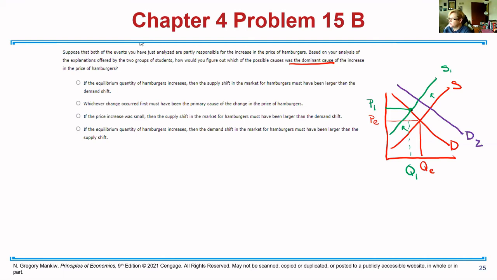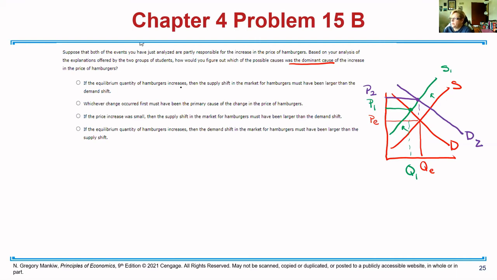Now we're going to use the green line, and we have the price, P sub 2, and the quantity might be back here at the equilibrium quantity. If I had shifted farther out, it would have been an increase in the quantity. So that's kind of unclear.